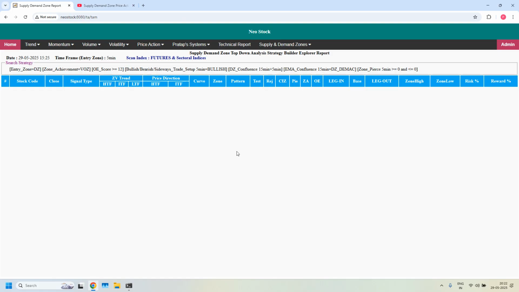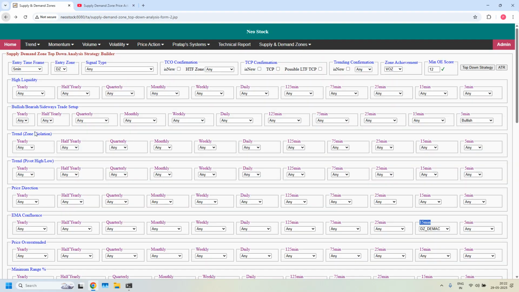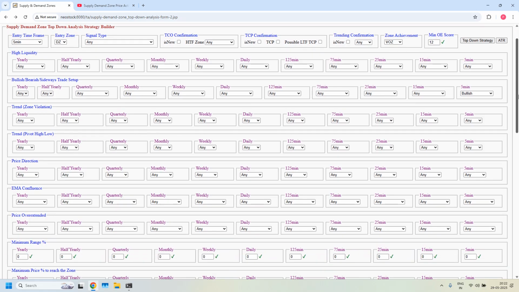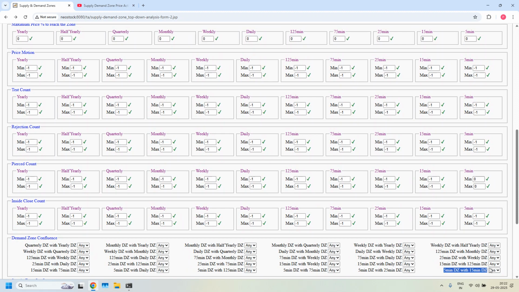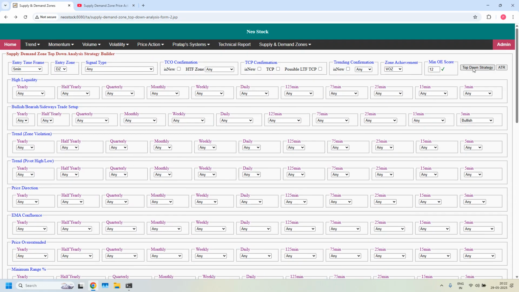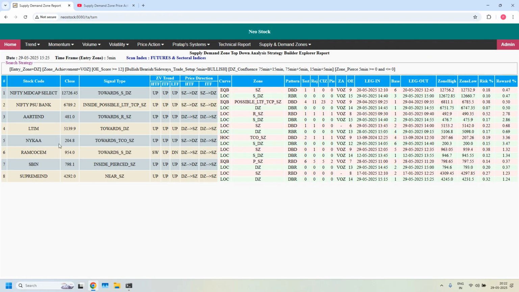Okay, next we will look into LTF, ITF, HTF demand zone confluence. Removing the EMA filter. In the demand zone confluence, 3 filters you have to set. First filter is already enabled. Next, 5 minutes and 75 minutes demand zone confluence. 15 minutes and 75 minutes demand zone confluence. With all the 3 filters, we got 8 stocks. In all these 8 stocks, the 5 minutes demand zones overlapped with the 15 minutes demand zone.